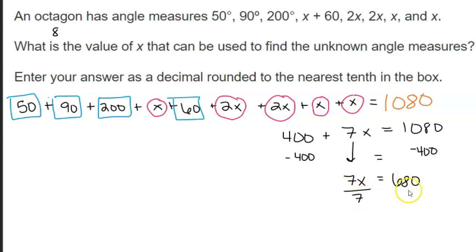And then just divide by 7. 680 divided by 7. It said round your answer to the nearest tenth. So I got 97.1428, like a bunch of them. So it's definitely 97.1, because it says to the nearest tenth.